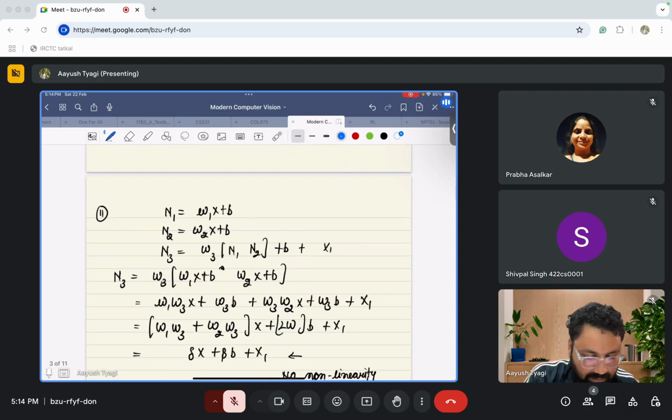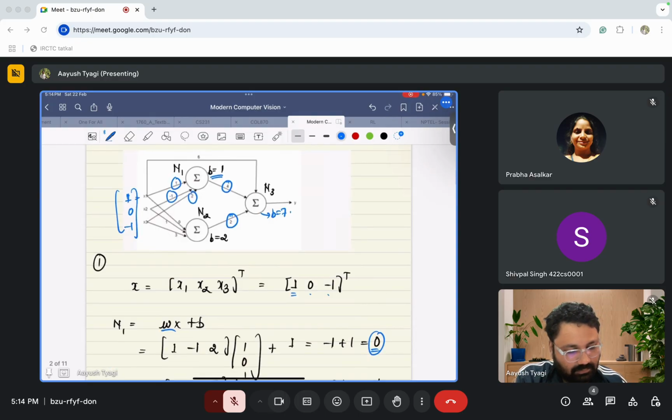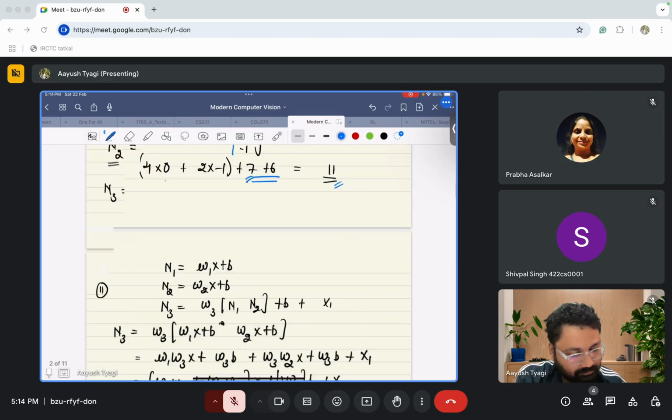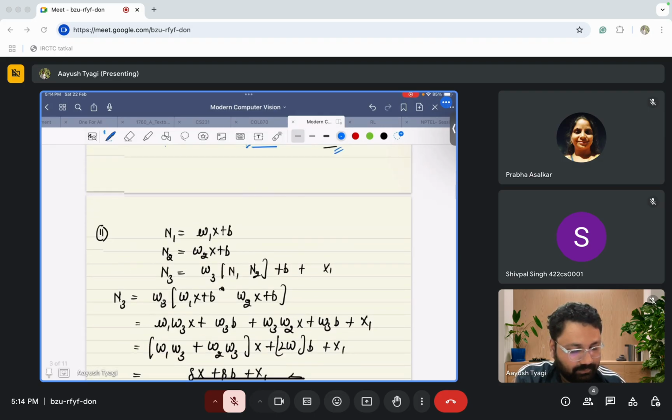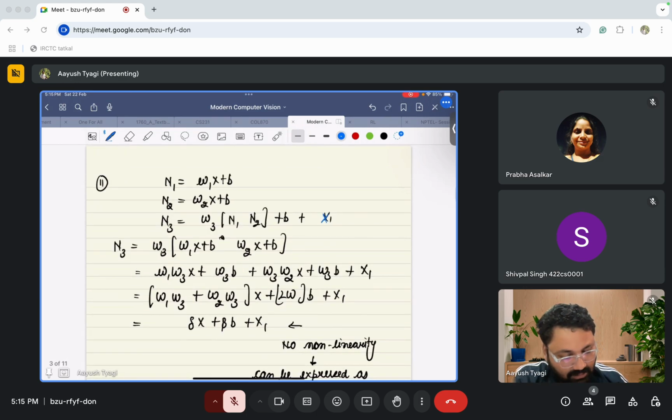If you want to write the expression, n1 is basically w1 x1 plus b, n2 is basically w2 x plus b, and n3 is basically w3, which is these weights, times input n1 and n2 plus bias plus the x1 term, right? So if you expand n3, you feed these values of n1 and n2 in.